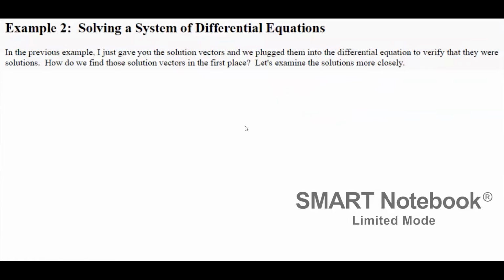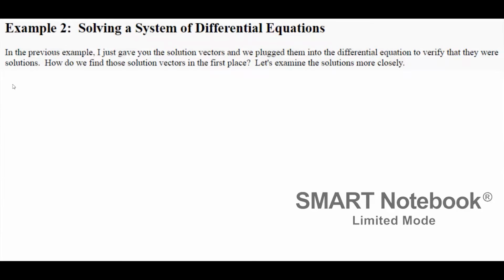All right, so in the previous example, I just gave you the solution vectors and we plugged them into the differential equation to verify that they were solutions. How do we find those solutions in the first place? Let's examine the solutions more closely.